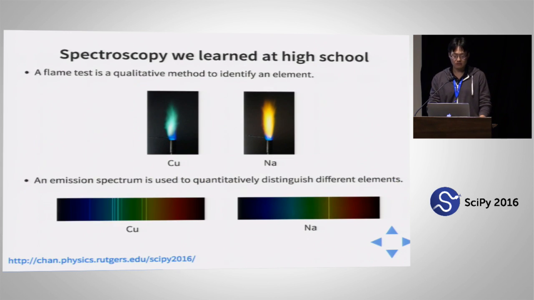So what can we do with a spectral network? We can do a supersymmetric spectroscopy. And for that, let me remind ourselves what we learned in a high school science class, a flame test, which is a qualitative method to identify an atomic element in a chemical compound by putting the chemical compound into a torch, for example. And actually, we can do better. We can use a diffraction grating on the light of the flame to obtain an emission spectrum, which can be used to distinguish atomic elements in a quantitative way.